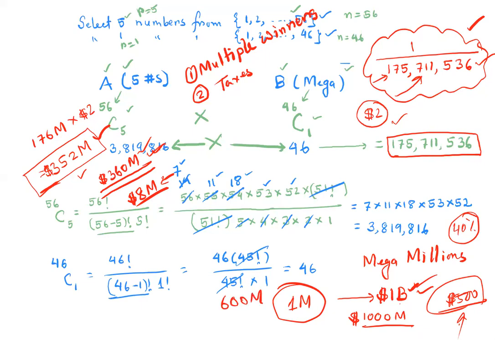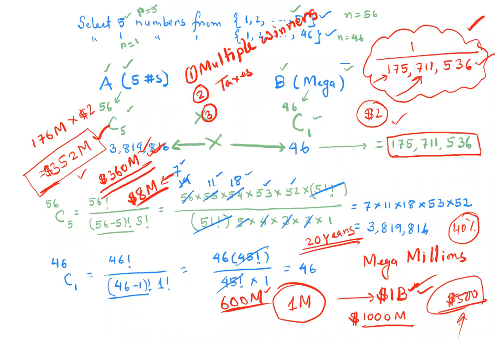But then again, $600 million, you cannot just go and say, hey, give me 600 million. What they're gonna do, you are supposed to get this $600 million over 20 years. Did you know that? However, there is an option, okay?